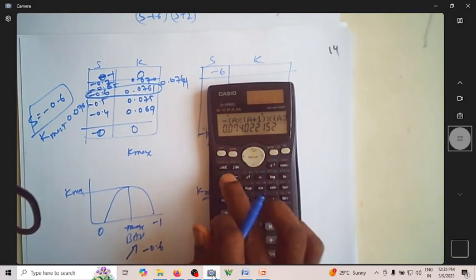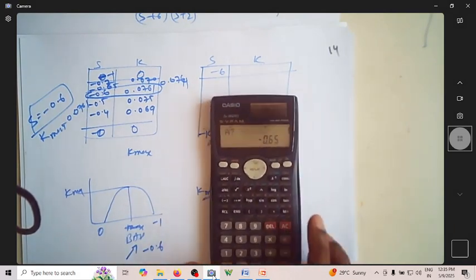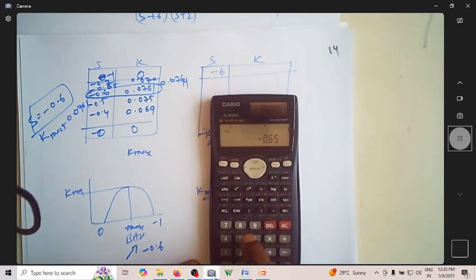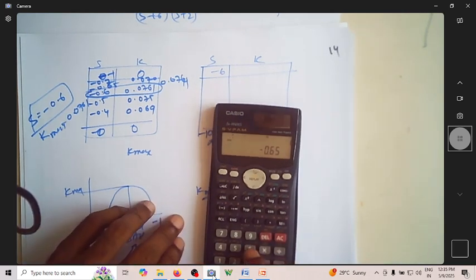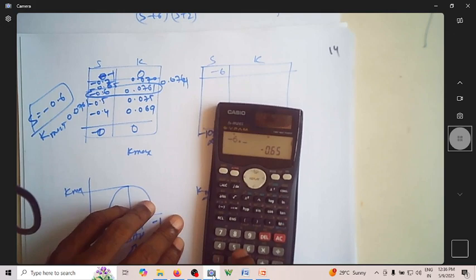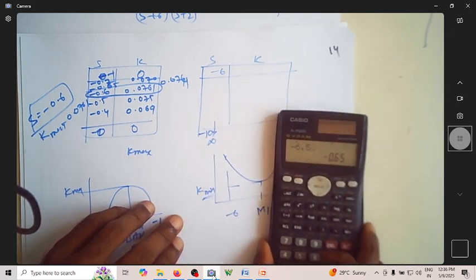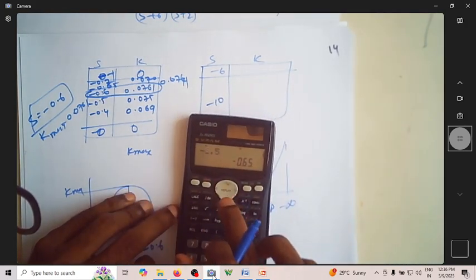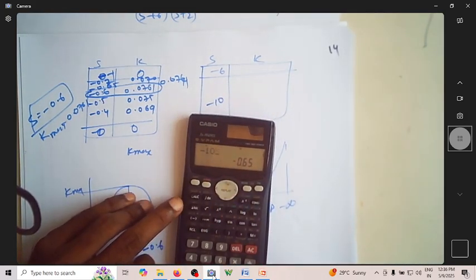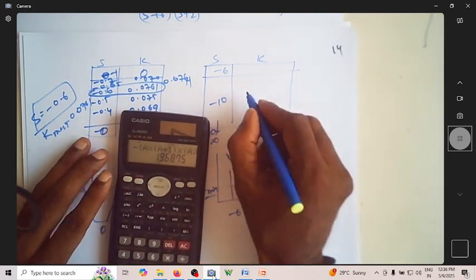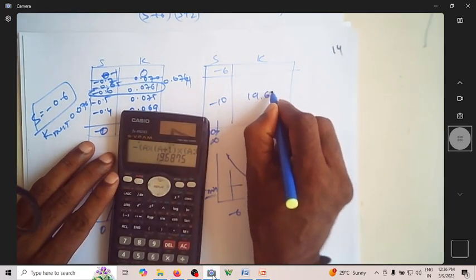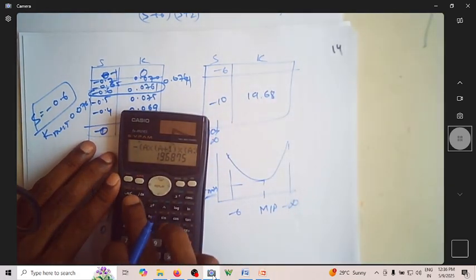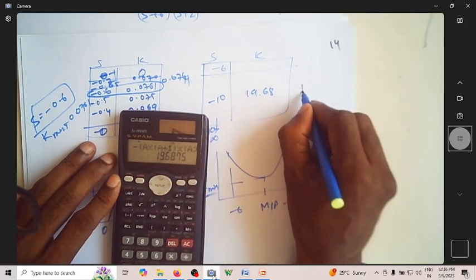Again the same equation. If I substitute it as -6, I will get infinity. Let me just take it at -10. You can see at -10 you have 19.68. Let me calculate, because I'm looking for the k minimum value.